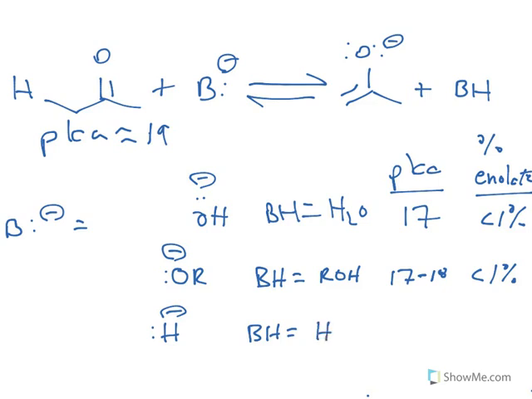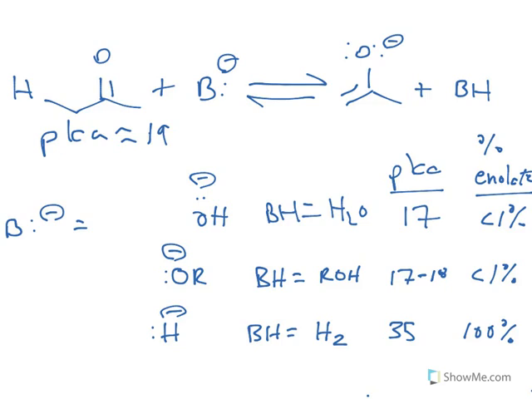Well, H and H give you H2. So hydrogen is the conjugate acid, and the pKa value of hydrogen is 35. So we've gone up way higher than the pKa value of our ketone. How much enolate are we going to form here? Well, it turns out it's actually going to be 100%. So group 1 hydrides are excellent for making enolates.